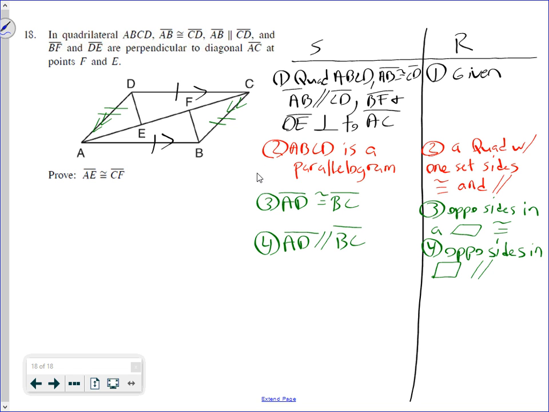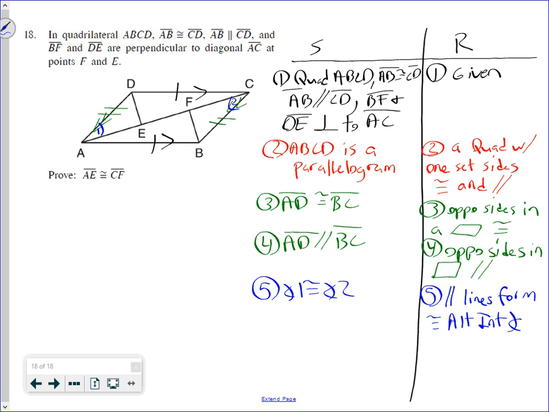I used that for the fact that I want angle 1 and angle 2 to be congruent. They are alternate interior angles. Angle 1 congruent to angle 2. Parallel lines form congruent alternate interior angles.